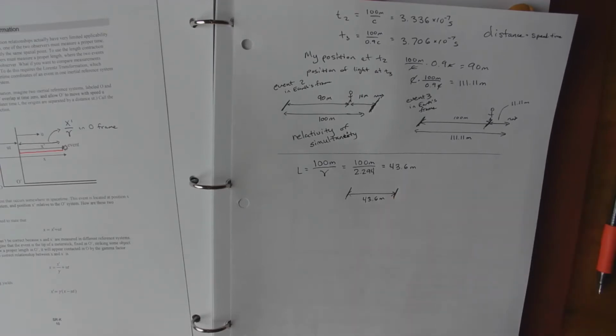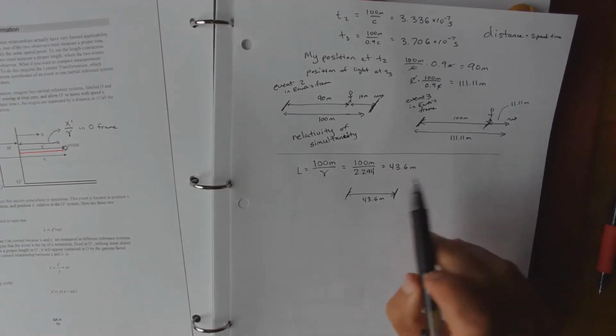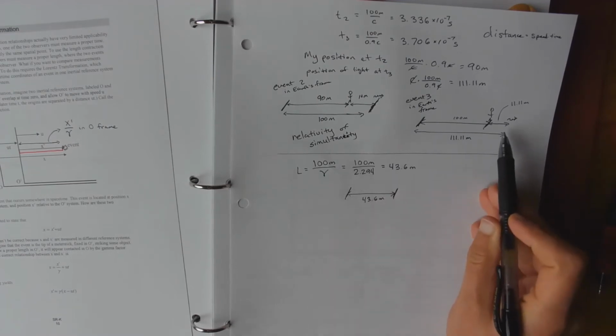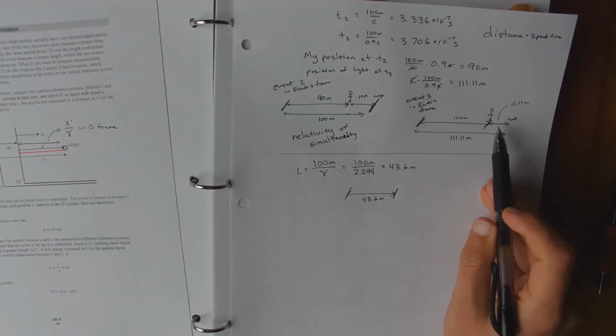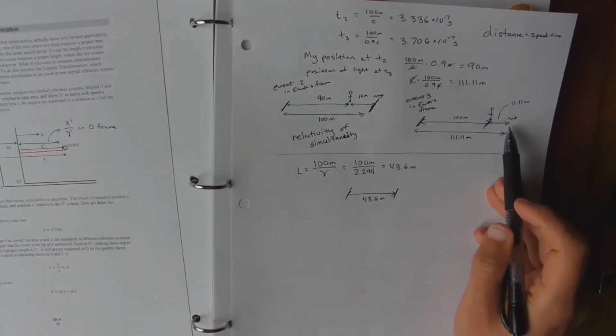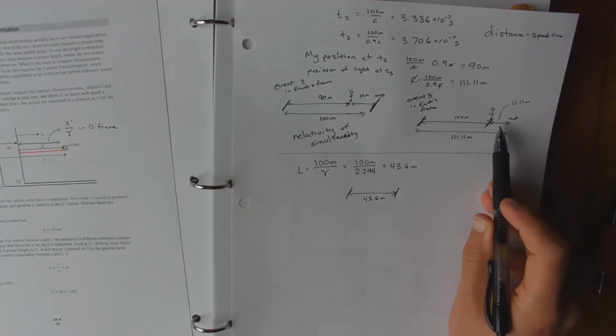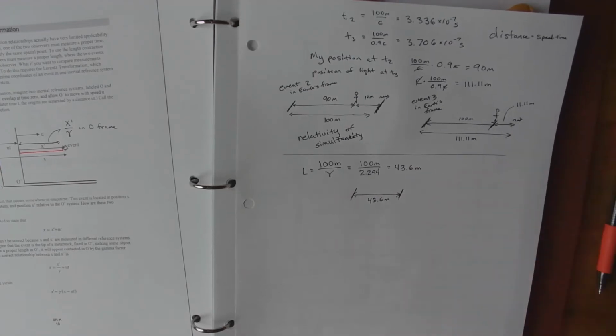Now, you cannot take this 100 or this 111.11 meters and divide it by gamma to find the position of the light when you cross the finish line, because these two events are not simultaneous in your reference frame. You could use that to find where the 111.11 meter mark is, but the light is not there in your reference frame when you cross the finish line.